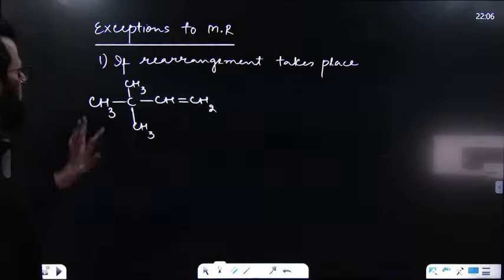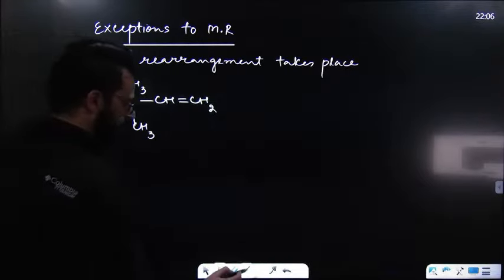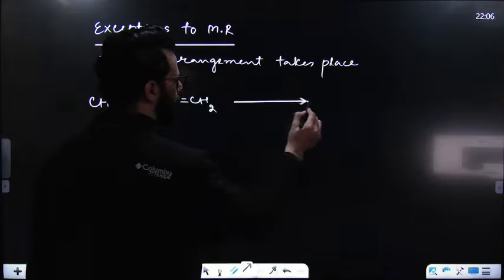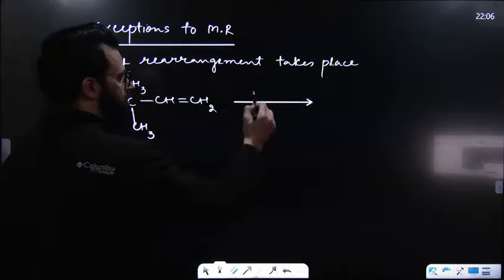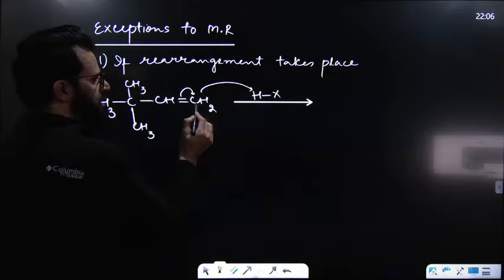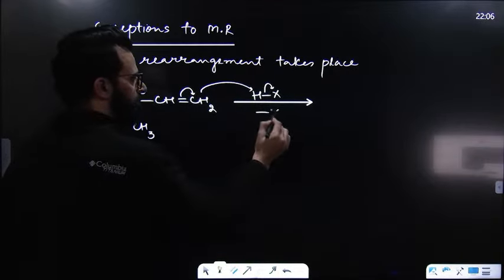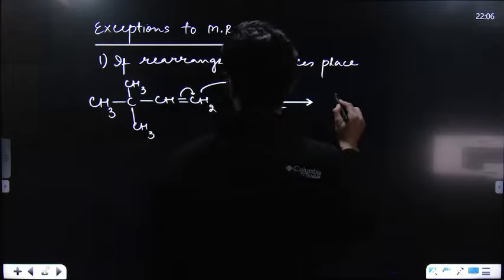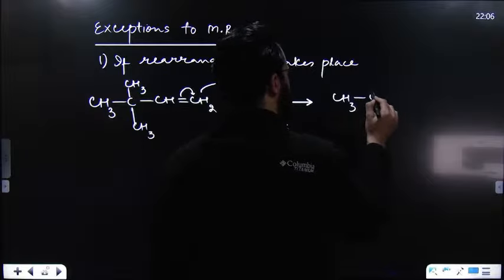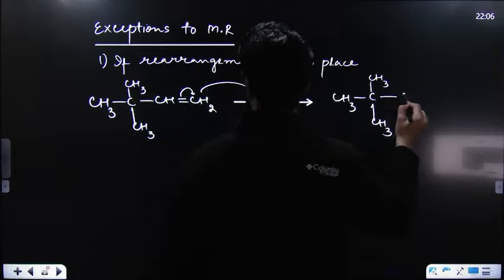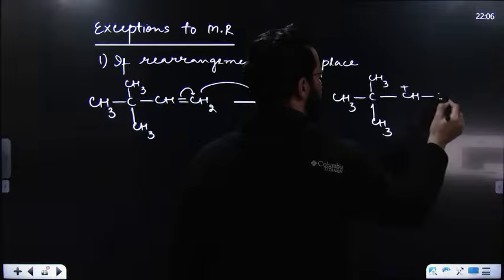Now here the major product is formed but not according to Markovnikov's product. If I write HX, what will happen? H will be simply added to this carbon and X minus will be lost, and this step is the rate determining step, and we will get CH3, C, CH3, then CH having a positive charge, then CH3.